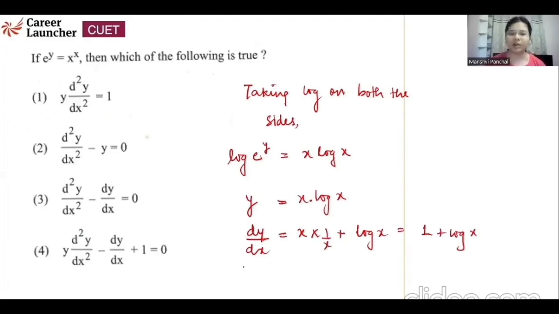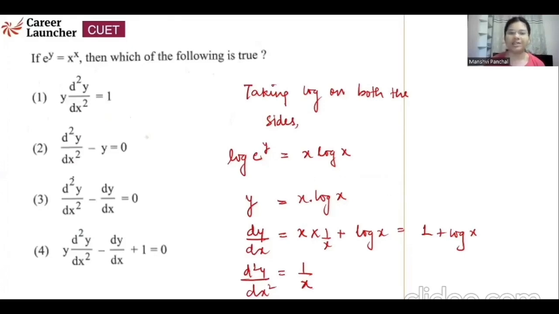Now let's calculate d2y by dx2 also. So d2y by dx2 will be 1 by x. Right? So now the question, first statement is that y into d2y by dx2 is equal to 1. So y is x log x. If I multiply this by 1 by x log x, you won't get 1. Next is d2y by dx2 minus y equals 0. So 1 by x minus x log x is not 0.